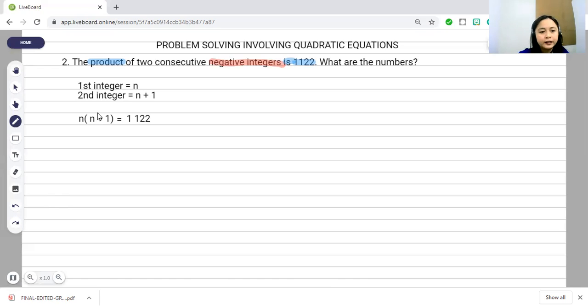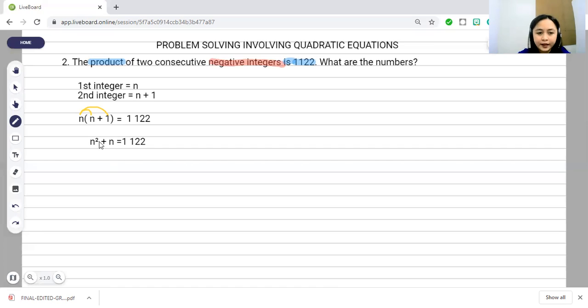Since we're talking about quadratic equations in here, yes, it's a quadratic equation, but it's not that obvious yet because we haven't distributed n to the terms inside the parentheses. If we do that, it's n times n, that's n squared. n times 1 is still n, equals 1122.